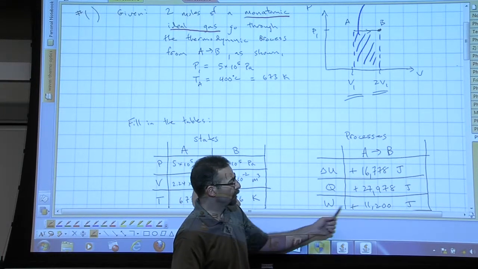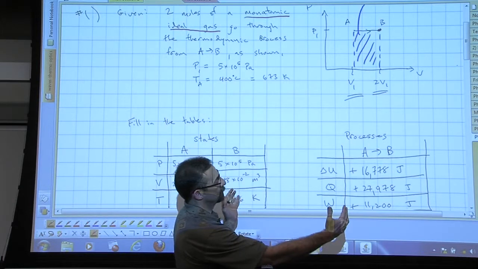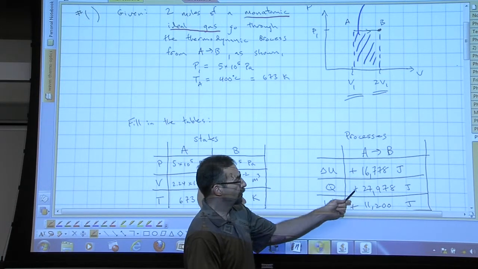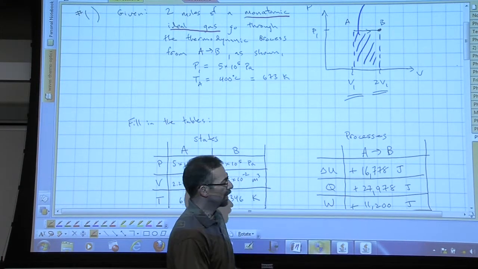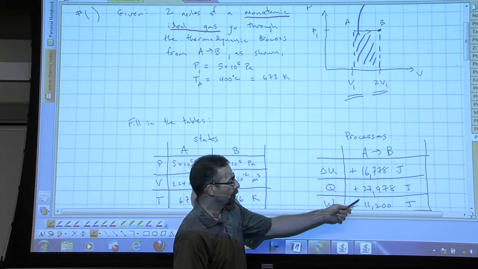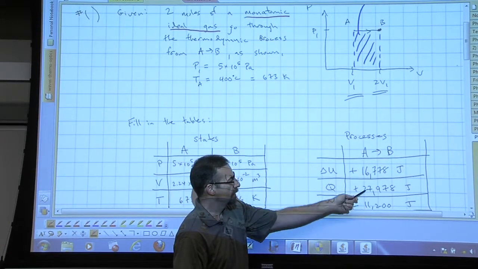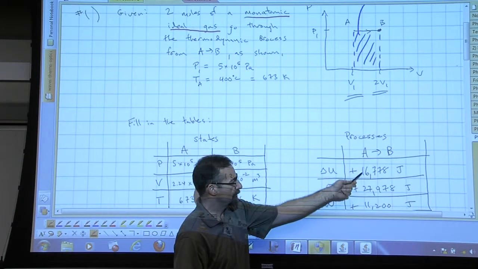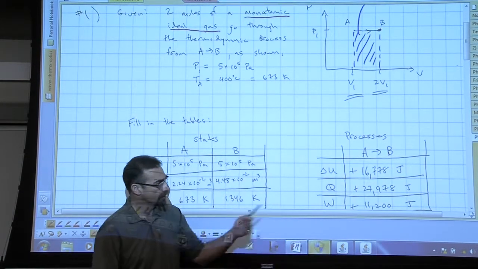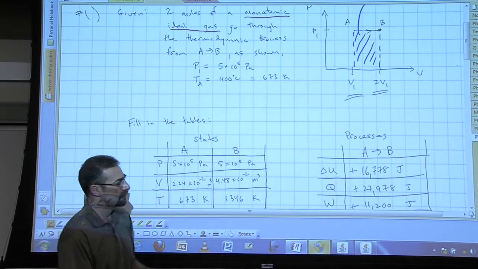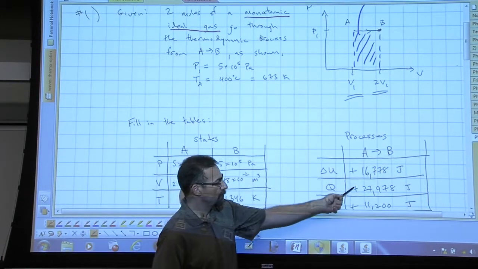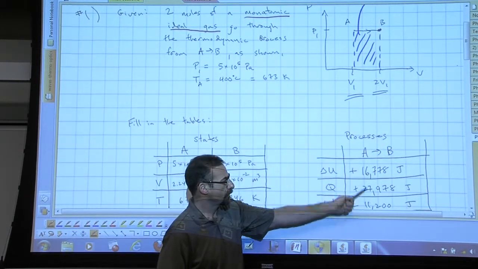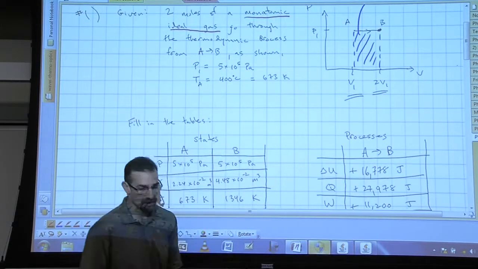We know that W has to be positive because our volume is increasing. And we know that we had to put heat in. And if both of these are positive, well, if this is bigger than that, then we end up increasing our delta U. If this is smaller than that, then delta U would have gone down. So looking at the numbers here, the plus signs on Q and W make sense. And since Q is larger, a positive delta U makes sense.